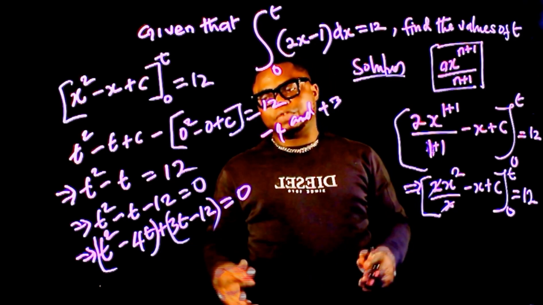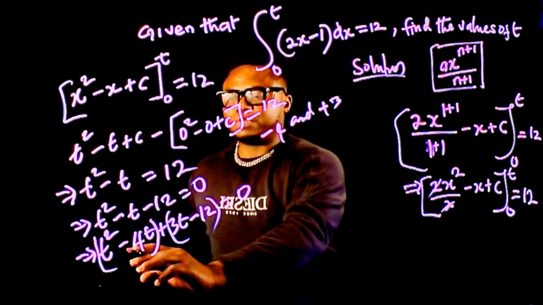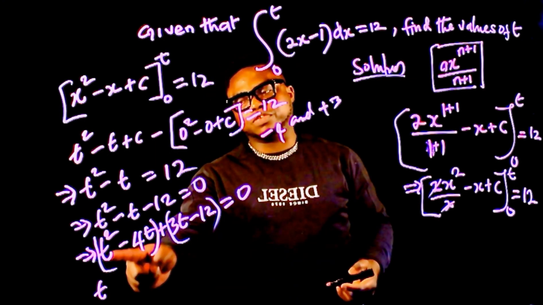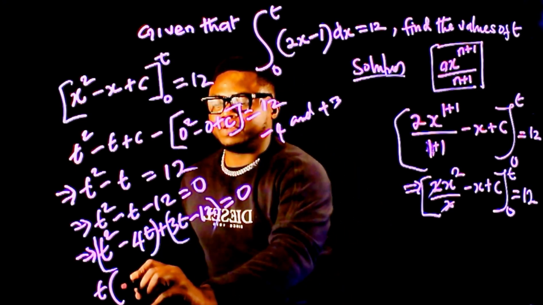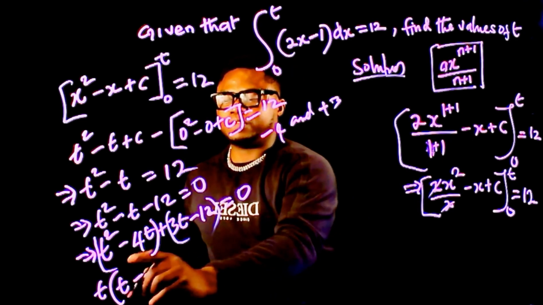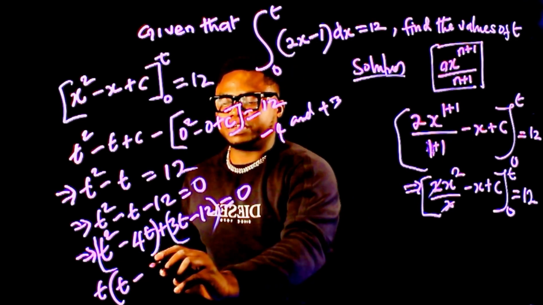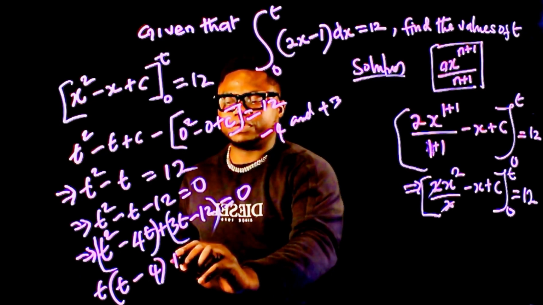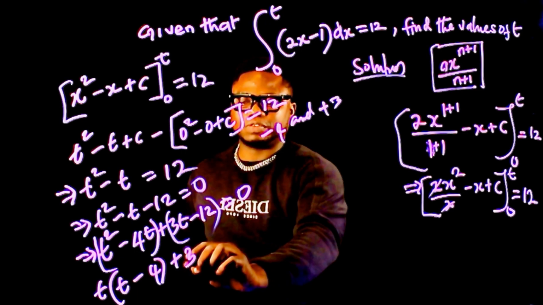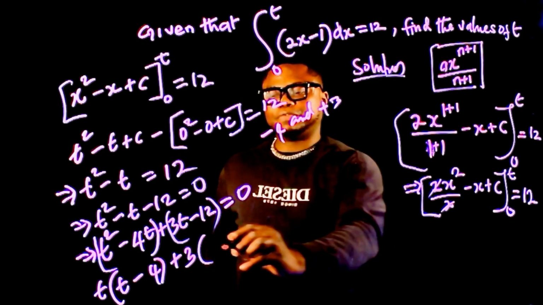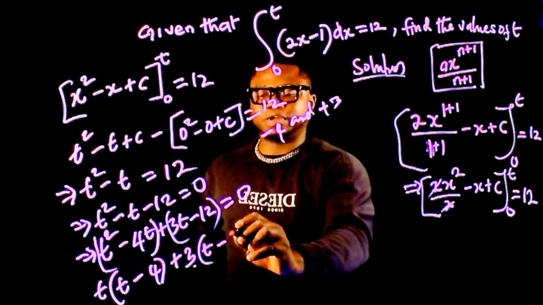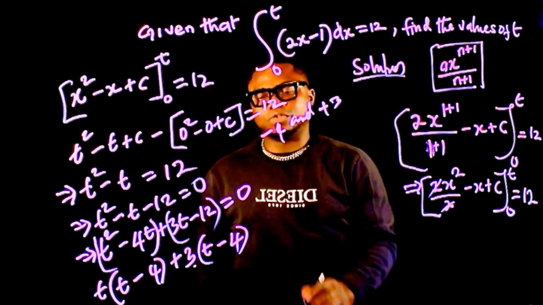Factorizing the first bracket, I'll bring t out, because t can divide across t² and 4t, so I have t times (t - 4). Then the common factor in the second bracket is 3, so I'll have 3 times (t - 4), equal to 0.